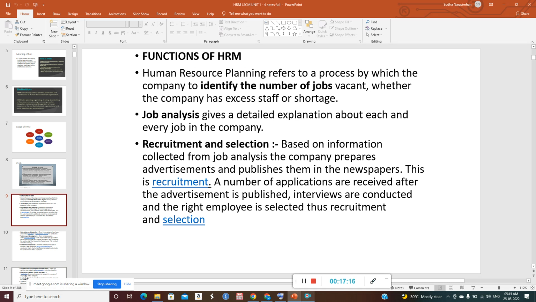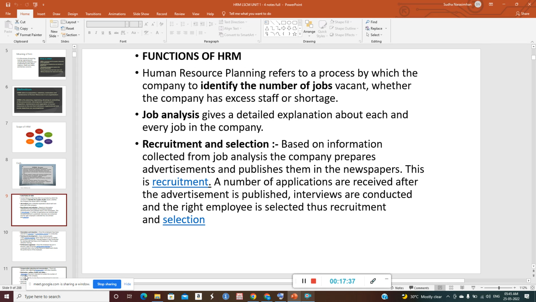We call this the current inventory of people in the organization. You don't have stocks of people, but do you have sufficient people in the organization to carry out the work? Job analysis is said to be the second related function.